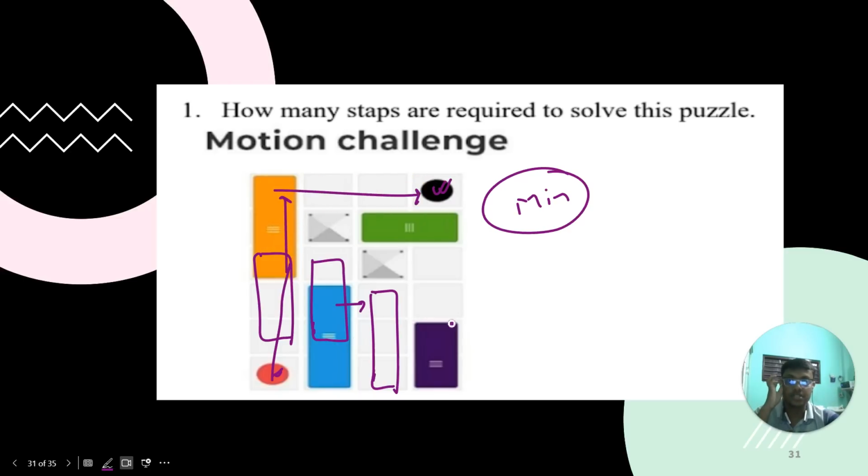So the number of steps we required: first this moves here and then this box to this, so plus 1, and from this to the right side another plus 1, then the ball moves from this position to this position, so plus 1, and then from here to the hole, that is another plus 1. So the total number of steps required was 5, and that is your correct answer, the minimum number of steps required. Hope you all got it.